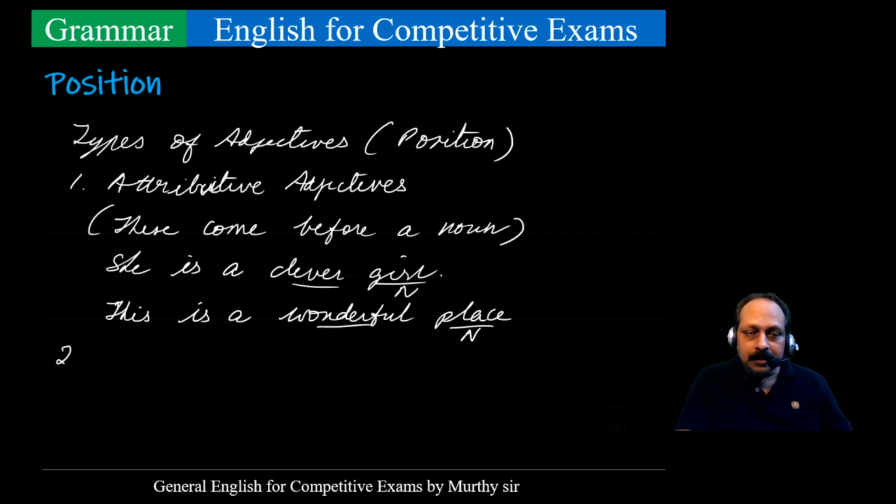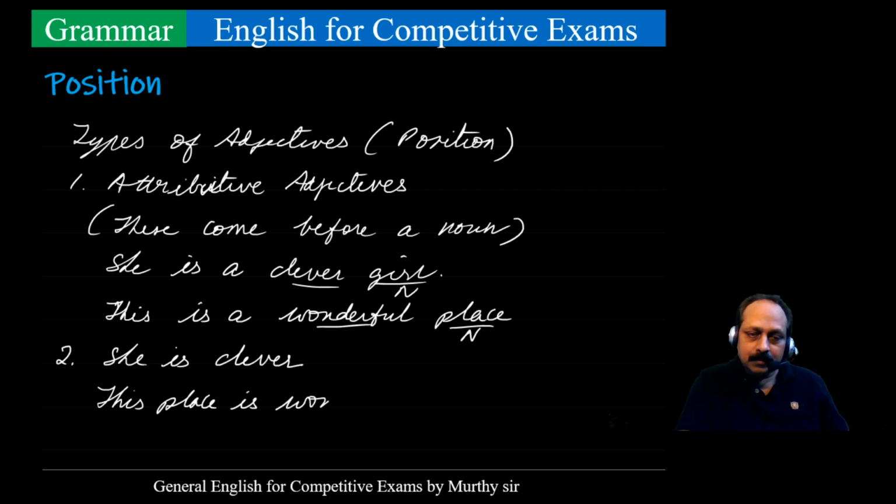But adjectives can also be used in sentences where you don't see a noun. For example, I will use the same examples. She is clever. This place is wonderful.